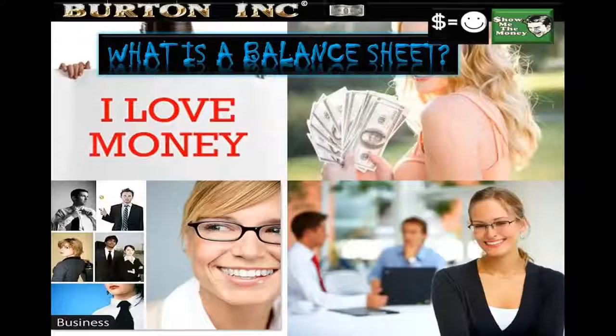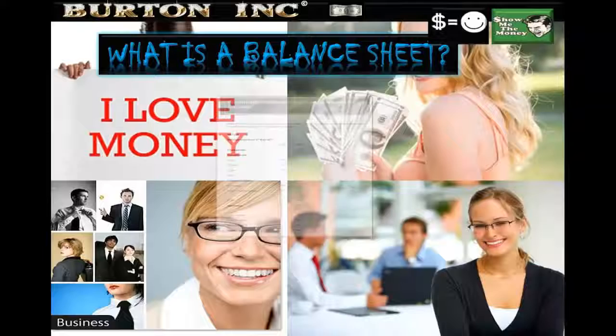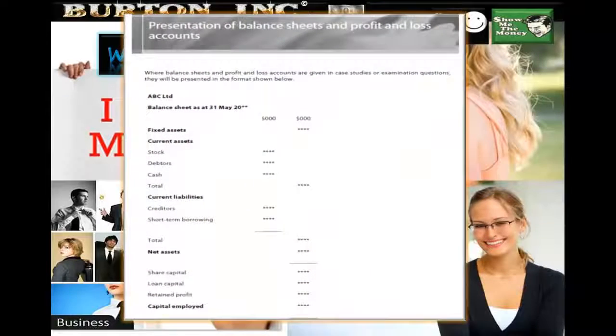A nice little explanation there from Investopedia, as always. Very easy to understand. Assets, liability and equity. 3 parts to the balance sheet. Here we've got the standard format as required, as presented in IB Business and Management exams. Fixed assets, current assets, current liabilities, net assets and capital employed.